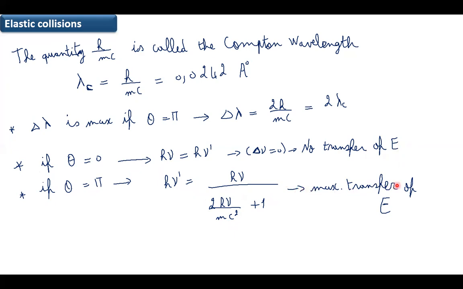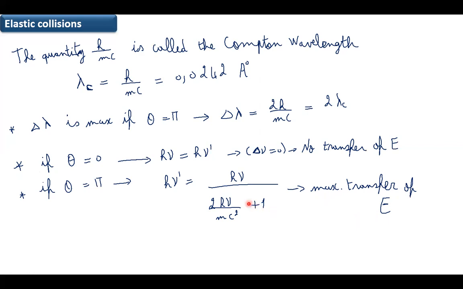This is the maximum transfer of energy to the electron. So in this case, we have a maximum energy transfer to the electron. It's when the photon loses the most energy.